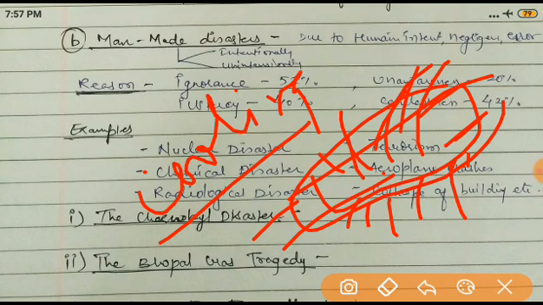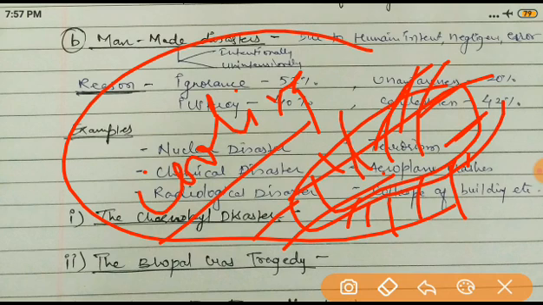Due to this failure, what will happen? The nuclear reactor fails, and it releases a large amount of nuclear energy. Because of that, the nearby area where this nuclear reactor was established is completely affected by this radioactive release. These are radioactive rays which are very harmful.